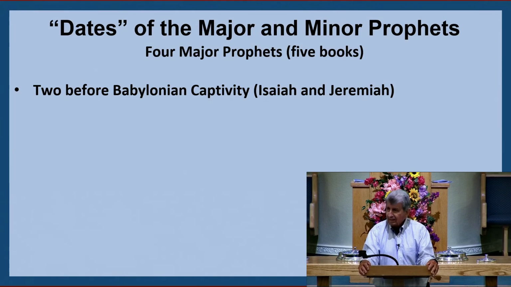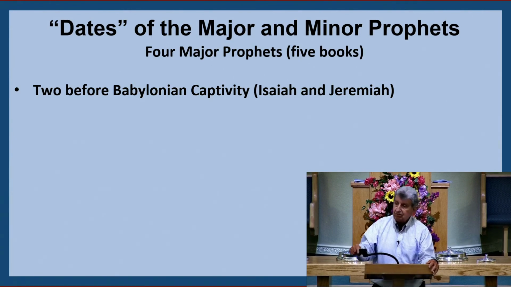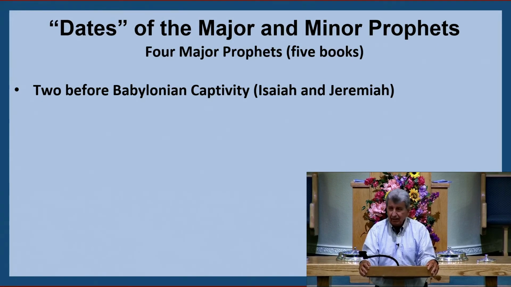And so of the four major prophets, if you want to know when the prophets lived, it's real easy on some of them. You look at Isaiah chapter 1, verse 1, and Isaiah will tell you exactly who was king in the southern kingdom whenever he prophesied. You can nail his date down very, very specifically.